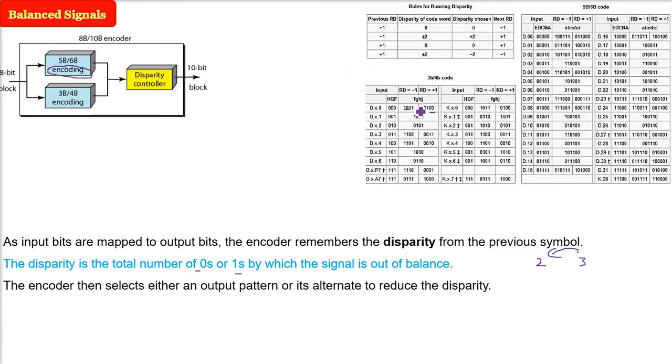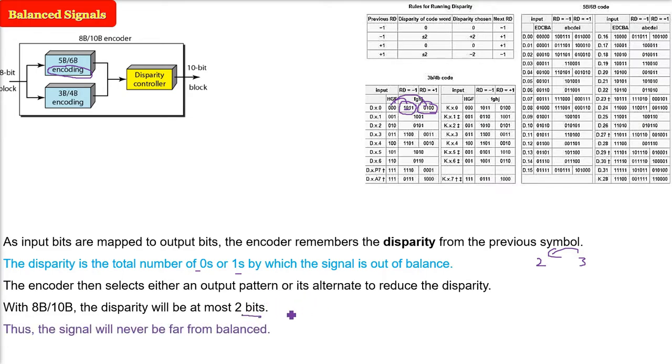So the encoder will select either an output pattern or the alternate. It may use 1011 for 000 or it may use 0100 for 000. I hope you got the idea, because it has to reduce the disparity. With this 8B/10B, the disparity will be at most 2 bits.